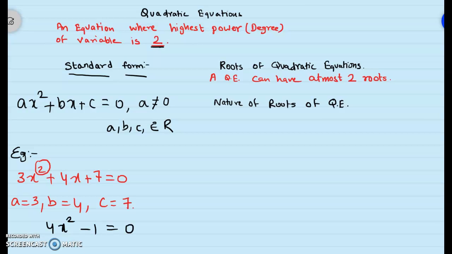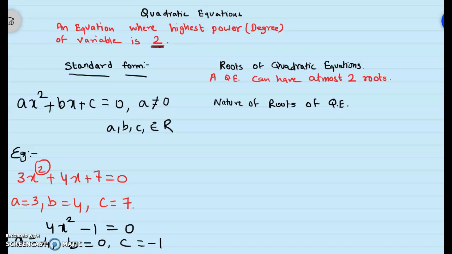What is the value of a, b, c here? Comparing with ax squared plus bx plus c equals 0, I get a equals 4, b equals 0 and c equals minus 1. I hope the standard form is clear. Keep this in your mind: ax squared plus bx plus c equals 0.